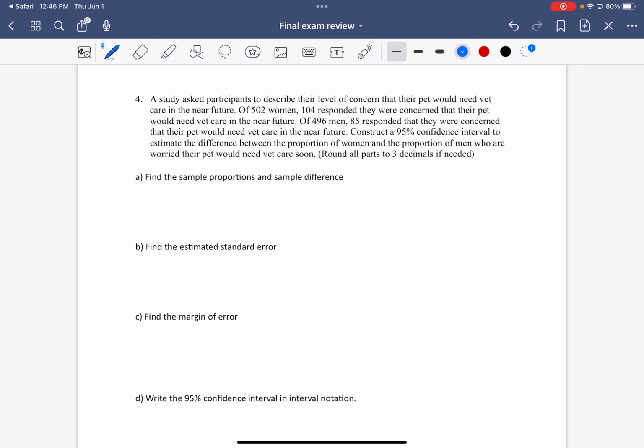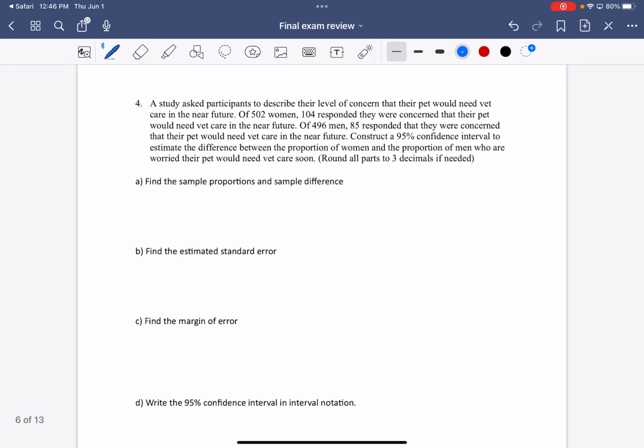So, similar to before, we're working with 2 populations, the men and then the women, because they just listed the women's information first. So let's just go in the same order. Find the sample proportions and the sample difference. So for the women, the sample proportion, I'm going to call that my P1 hat.